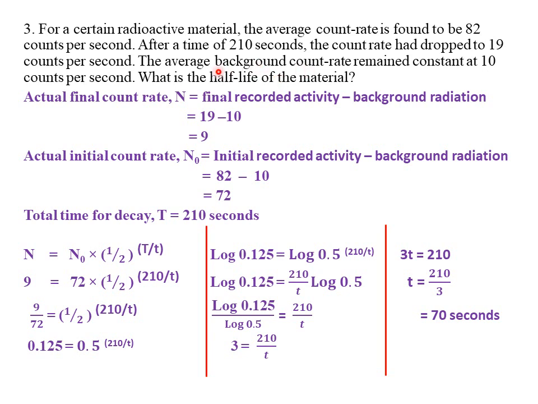So in radioactivity lesson 4, we did say that whenever you have background activity, then you have to subtract it from the recorded activity in order for you to find the actual activity. So we said that actual activity is given by recorded activity minus the background radiation. Therefore, our actual final count rate, denoted by n, will simply be given by the final recorded activity minus the background radiation.